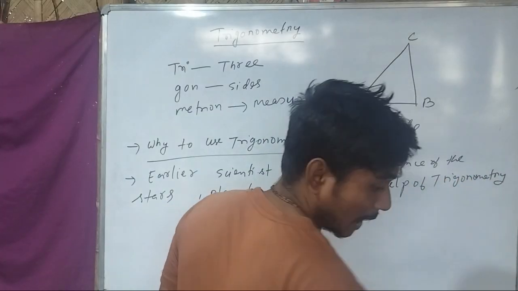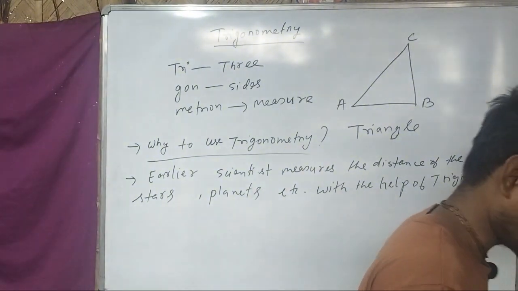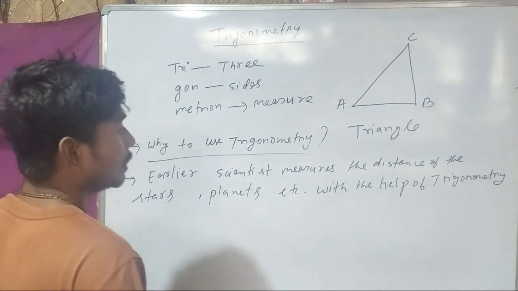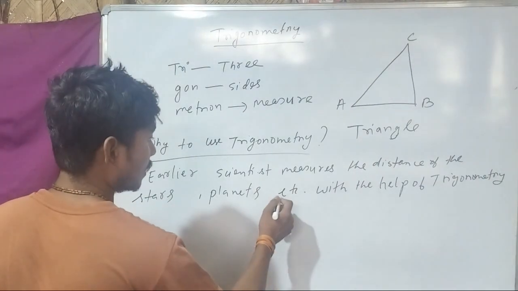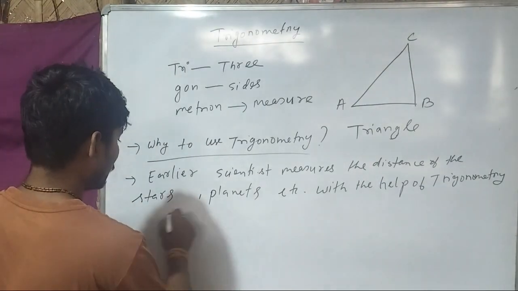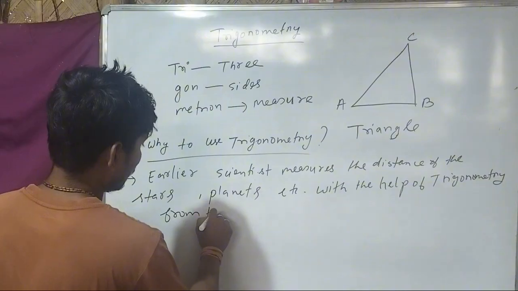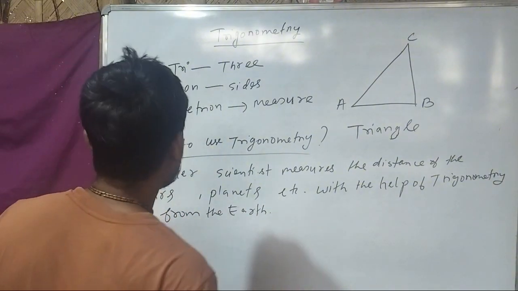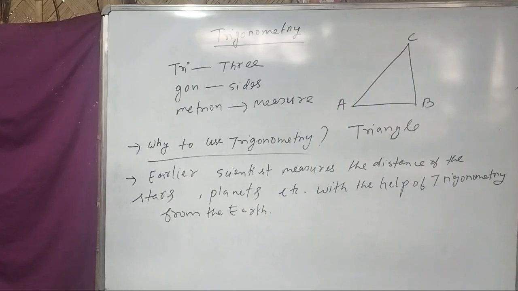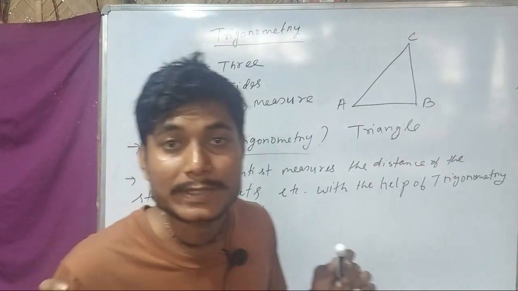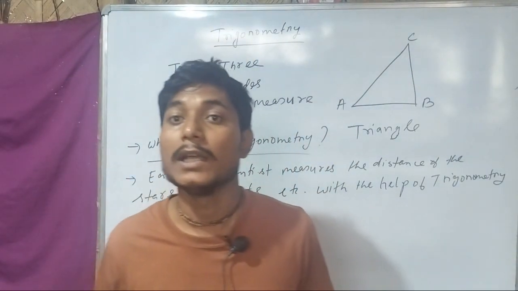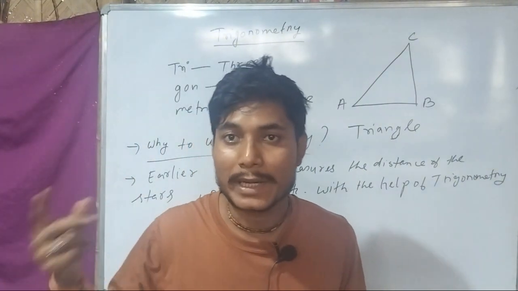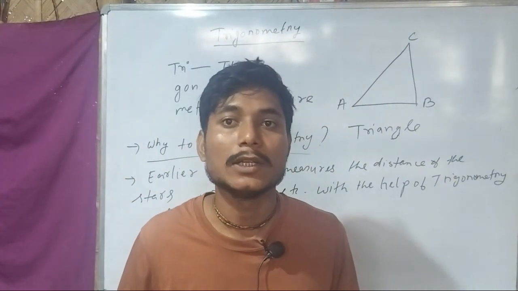You can say earlier scientists or earlier astronomers measured the distance of the stars and planets from the Earth with the help of trigonometry. How did they measure it? They were not able to go to the planets or to the stars to measure directly.